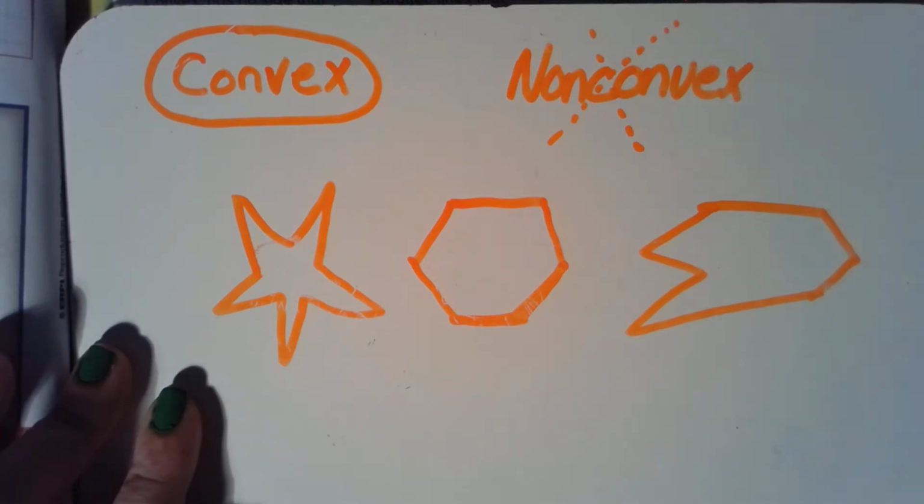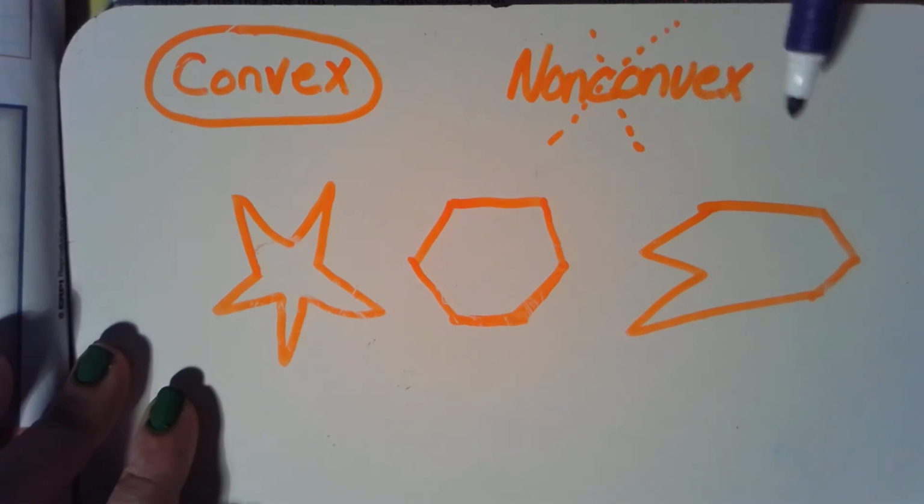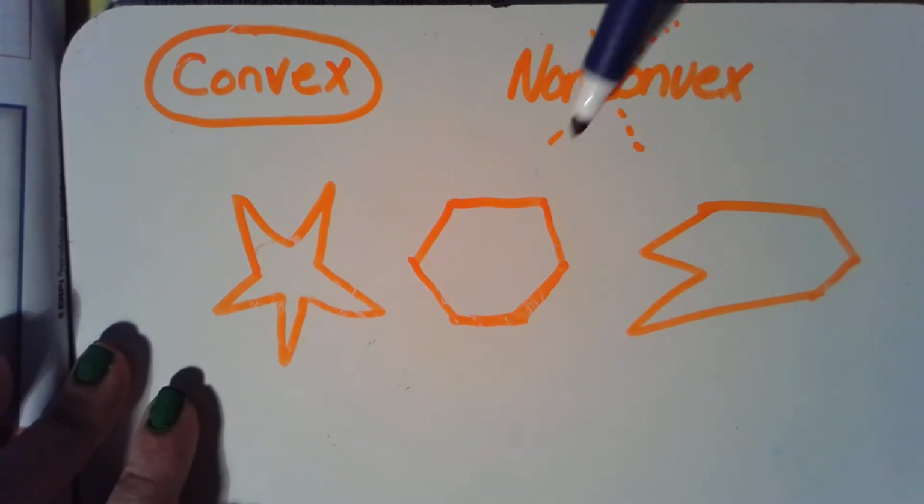And we said non-convex or concave, you can point inwards, inside the shape or the figure that you have. So let's put a circle around our convex shapes, and let's put an X on our non-convex or concave shapes.